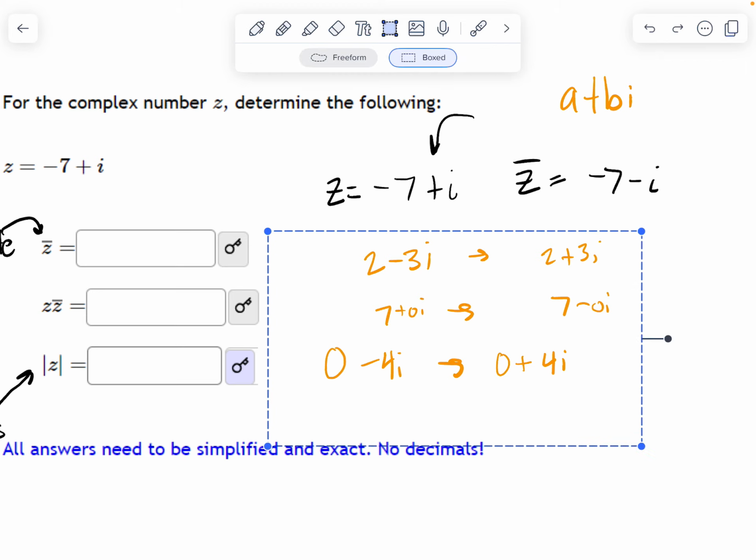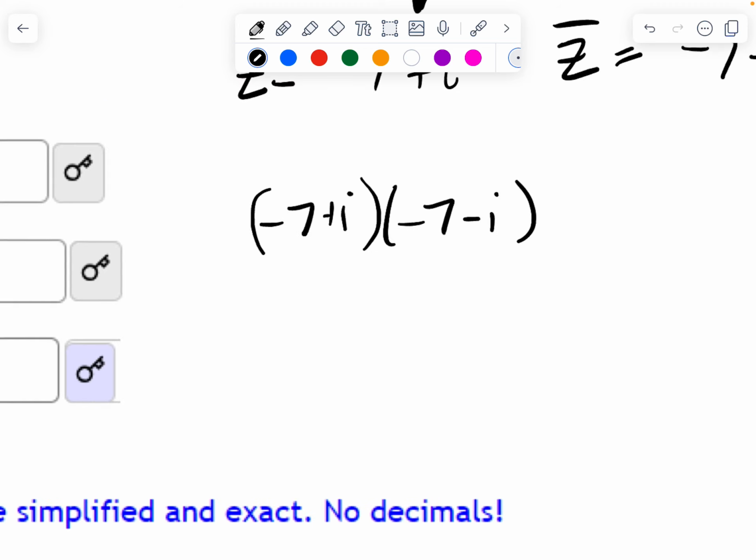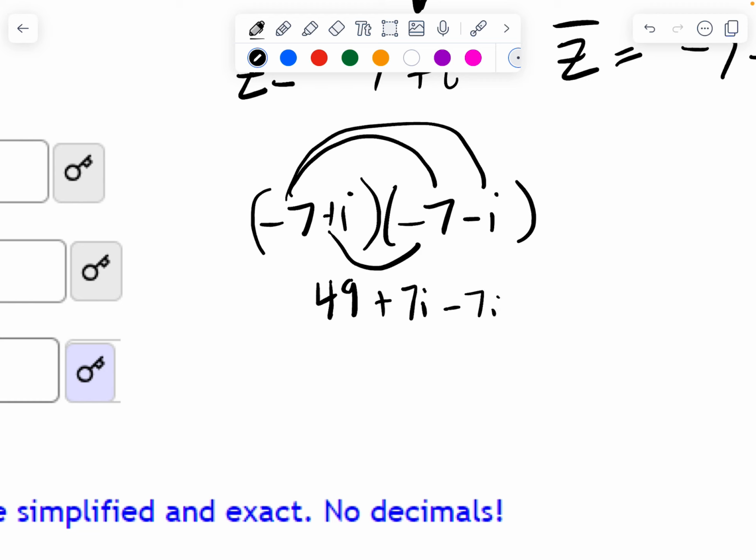There's the conjugate. So that means z times its conjugate just means the product of z, negative 7 plus i, times negative 7 minus i. That's all it's asking for. And then you would just distribute that: negative 7 times negative 7 is 49, plus 7i, minus 7i, minus i squared.